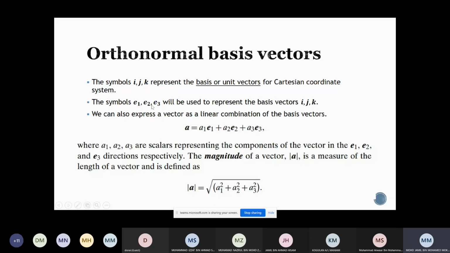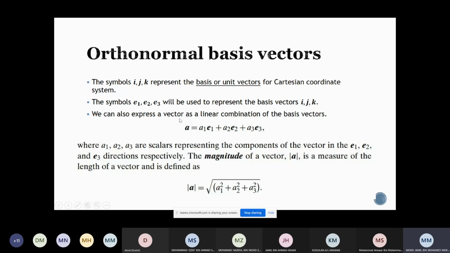So this is to avoid problems later, maybe if we have a 4-dimension vector, for example, then you need to add i, j, k, l. So if you have more dimensions, then it becomes many letters: i, j, k, l, m, n, o, p, q. So it becomes not convenient. So they use the symbol e instead. So they name it e1, e2, e3, and so on.